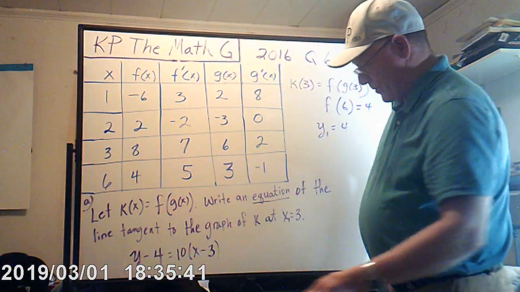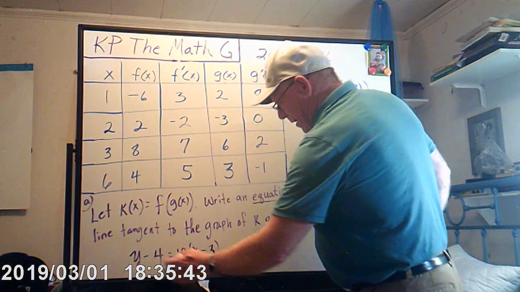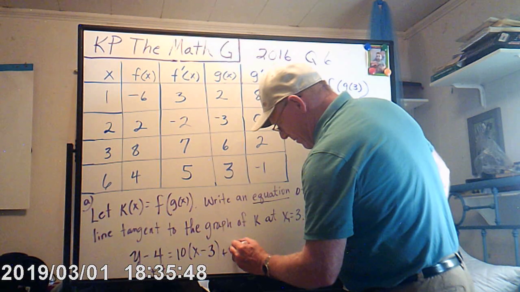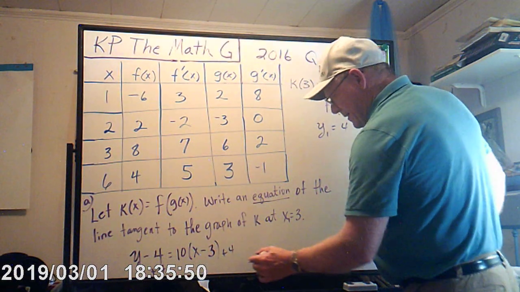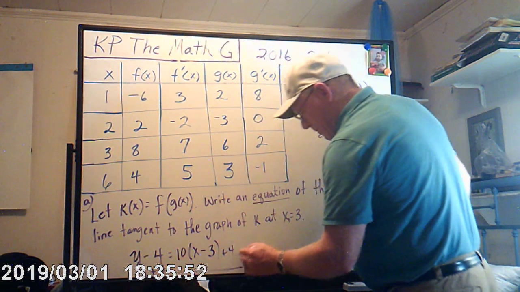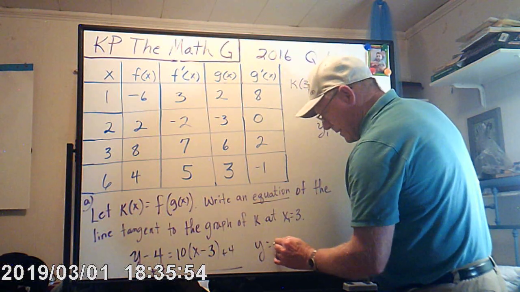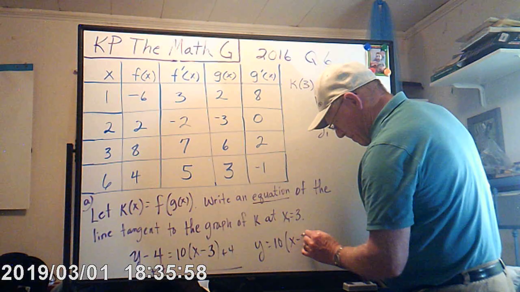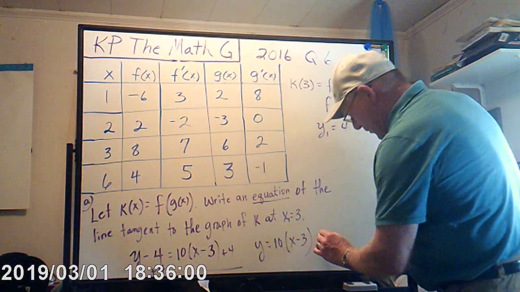Some authors will say, well, solve for y, add the 4 to both sides if you want, but I do believe you can leave it like this. So then we have y equals 10 times x minus 3 plus 4.